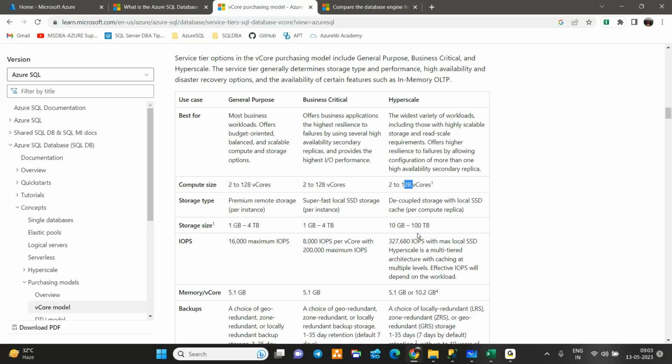So per vCore, Microsoft is allocating 5.1 GB of RAM. Someone asked the question, how much memory is allocated for vCores in PaaS? Per one vCore, 5.1 GB of RAM is allocated by Microsoft.